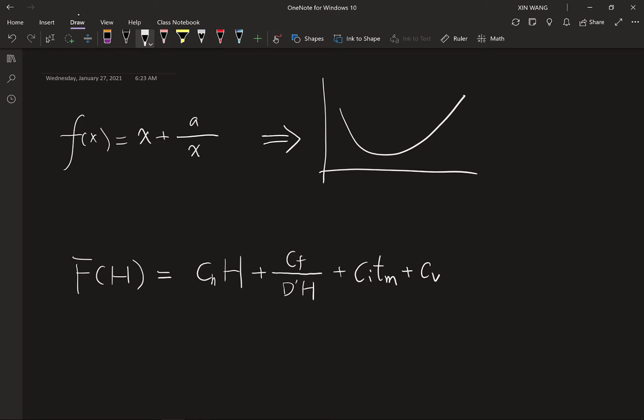So we call this type of structure EOQ, or economic order quantity.